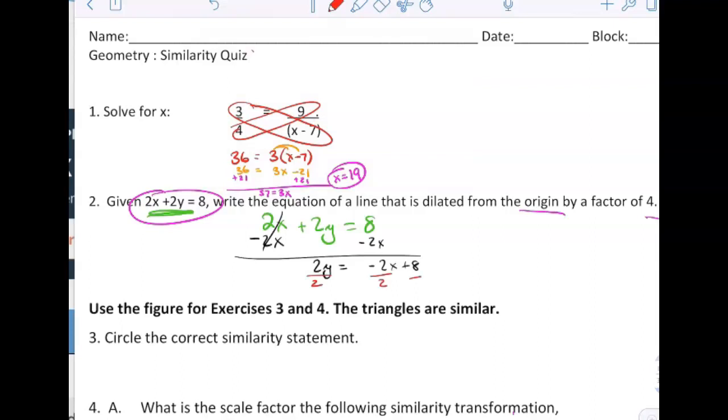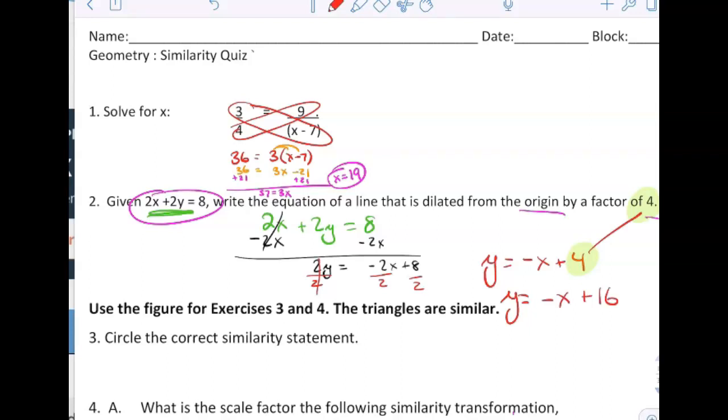Divide everything by 2. Negative 1x plus 4. Now I'm going to take that line and only change the y-intercept, never change the slope. So I'm going to dilate the y-intercept by 4. So you have y equals, leave that part alone, 16.